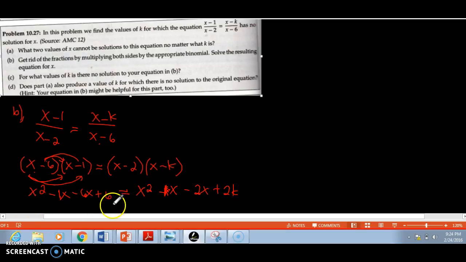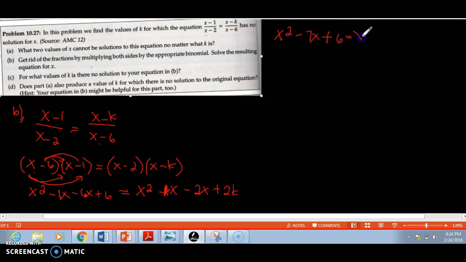And so let's simplify this side here. We combine like terms, right? So you have x squared, and negative 1 minus 6, they're both x's, you have minus 7x, okay? Plus 6. Right, so you're done on the left side of the equal sign. Copy the equal sign and simplify the other one.